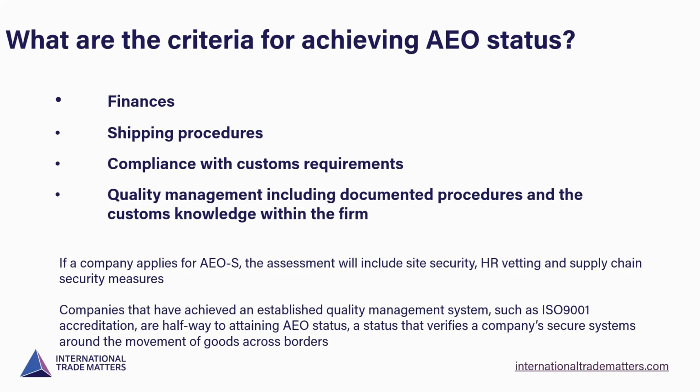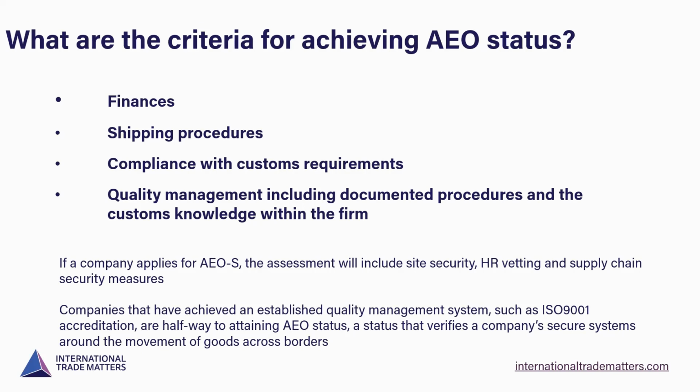And of course, lastly but not least, the quality management, including document procedures and your knowledge of customs processes within the business itself. If a company applies for AEOS, which is the security, the assessment will include the site security check, HR vetting, and supply chain security measures.